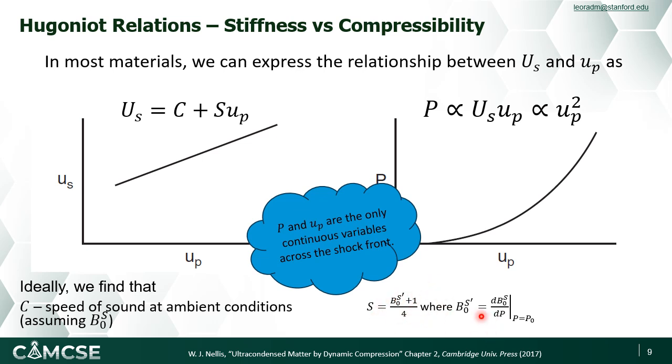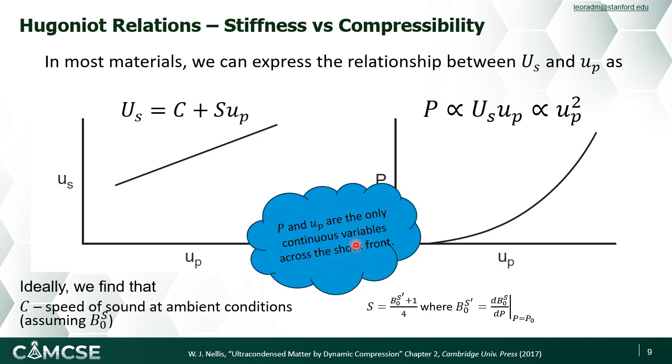Of course, it doesn't always work, and therefore this is often measured empirically instead of being predicted. But that's something you can look into a little bit more in this Nellis Chapter 2 textbook if you're interested in getting into more details.